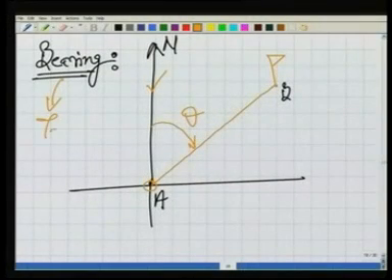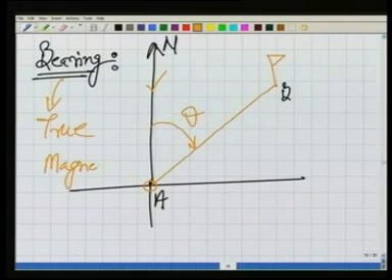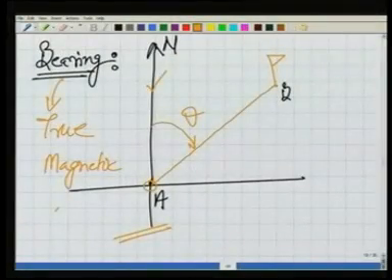So the bearing could be true, magnetic or arbitrary, depending on what meridian we are using. So that's the meaning of the bearing. Now how do we make use of the bearing? This is what we will see now. Okay, in order to understand the use of bearings, we will have to understand the systems. How do we write the bearings?